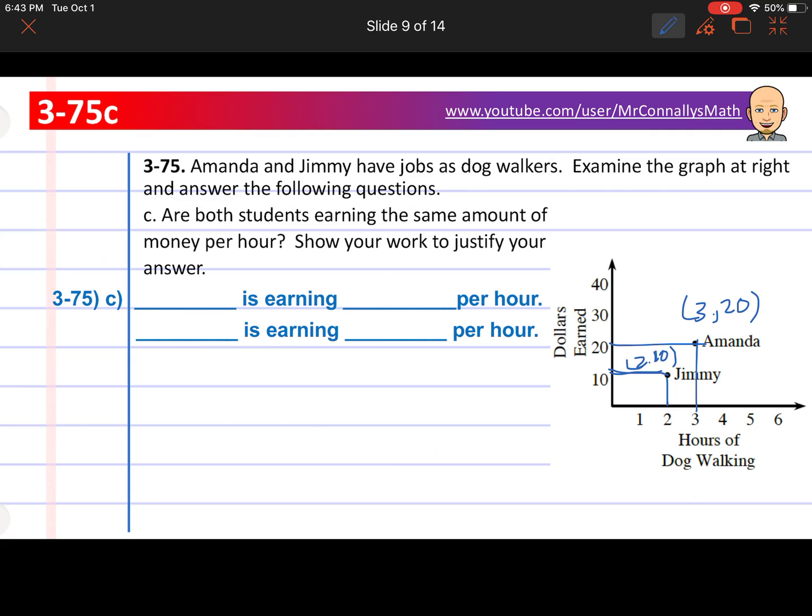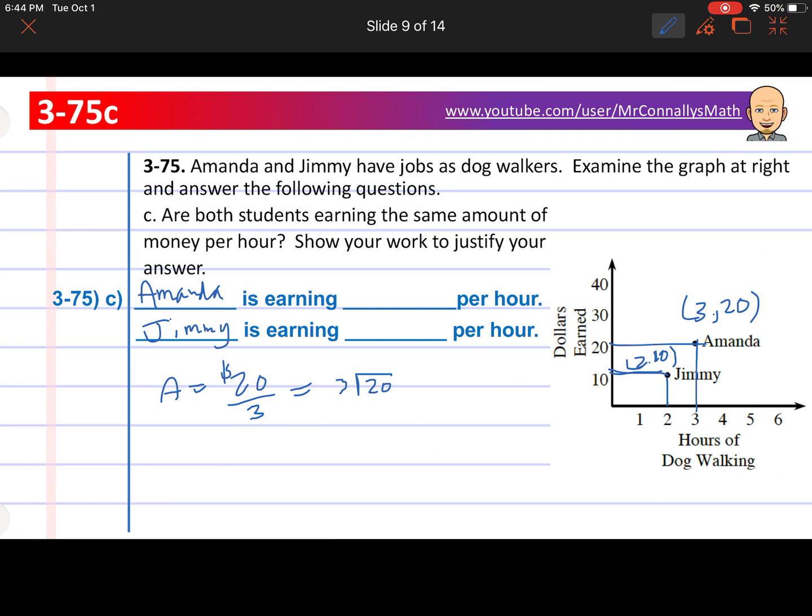So let's start by just writing them in. So Amanda is earning a certain amount, and then Jimmy is earning a certain amount. We know that Amanda is going to be the same as $20 divided by 3 hours. So the top number always goes inside the box, not because it's bigger, it's because it's the numerator.